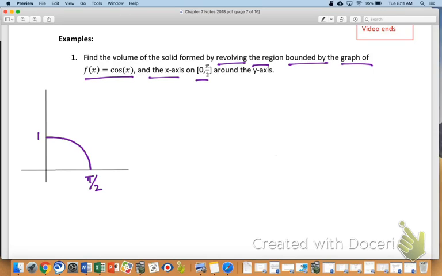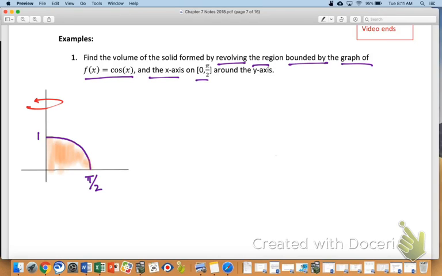So what we're supposed to do with this, and this is what you saw in the video, and what we're going to work on right now with the Play-Doh, is take this region and revolve it around the y-axis. Try to visualize what this looks like.